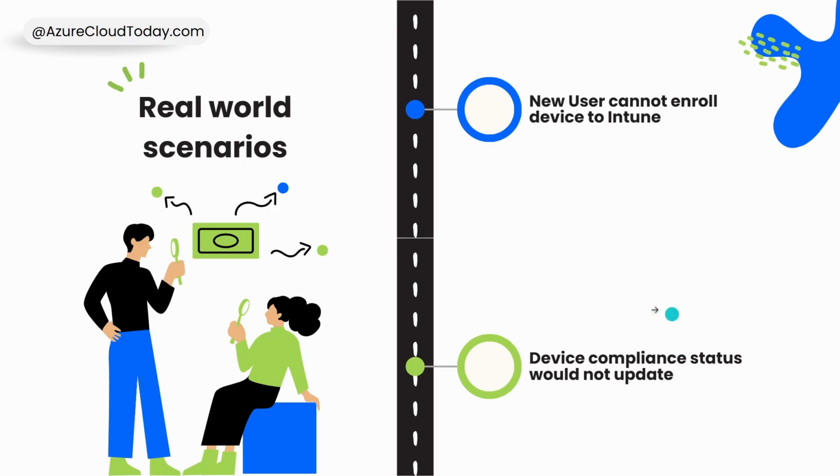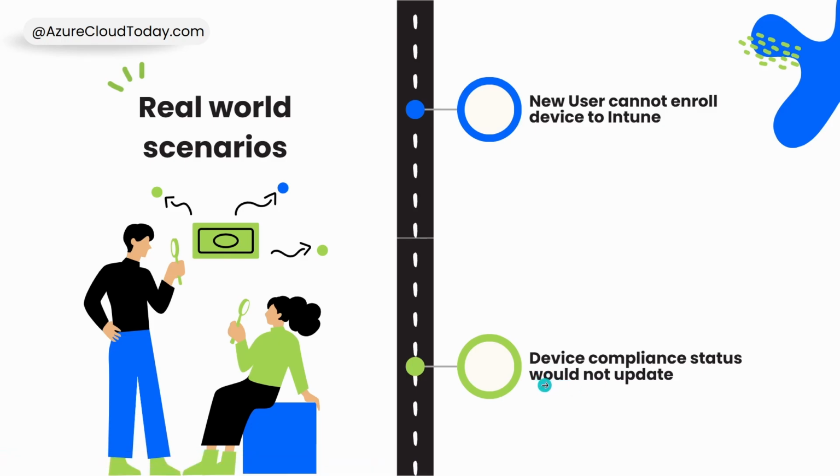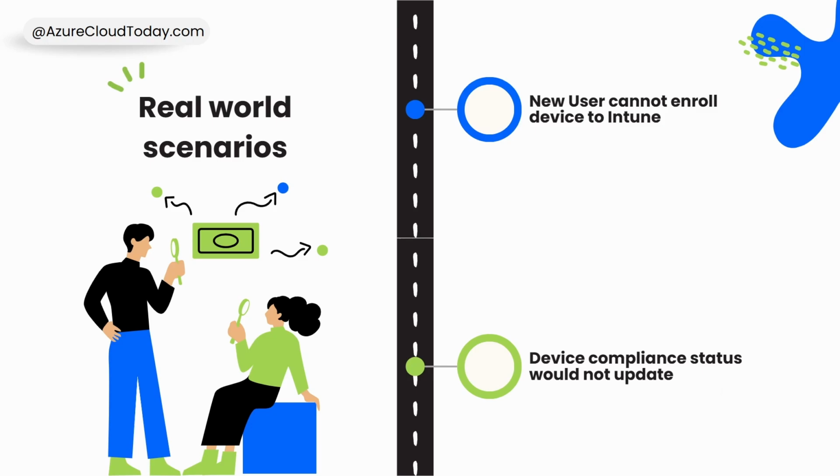Now, let's look at scenario 2, when this can be helpful. In a similar way, another user reported that their device is showing as non compliant even though they are connected to the internet. The user also believes that their device is compliant and should be allowed to access the company's email. Even in such a scenario, the user can send device diagnostic logs to the help desk team so that they could investigate further.